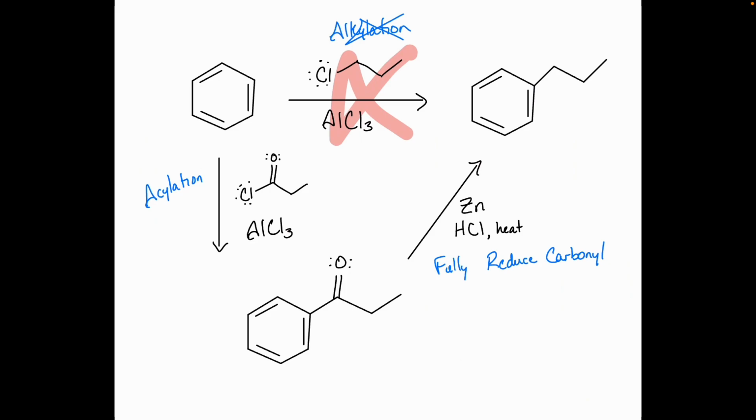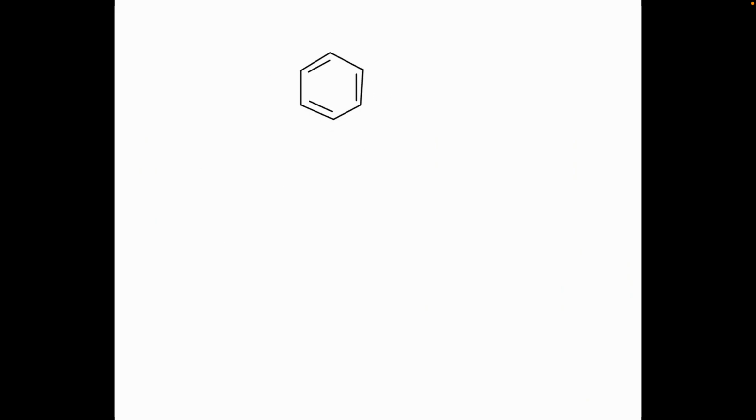Okay, so let's summarize all of this into one sort of reaction wheel here so we can see it all next to each other. We have our benzene ring, and we learned how to put a few different groups on there.